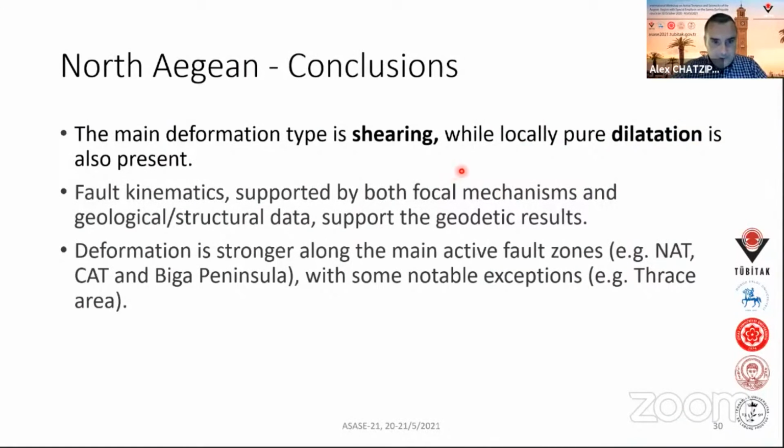And let's close this section with a few conclusions. The main deformation type is shearing, because we know that it is associated with side slip faulting. However, in some points we have, as mentioned, pure dilatation.